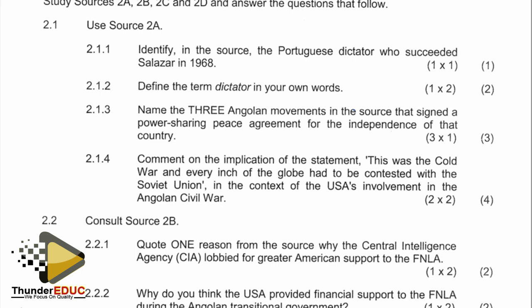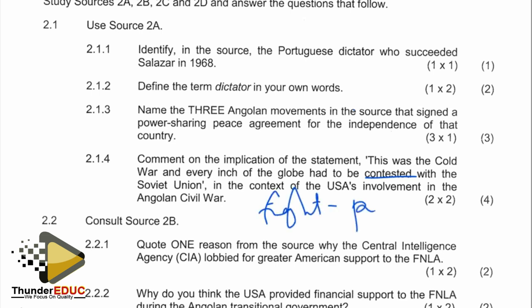It means the Soviet Union wanted to take full control of Angola, or had intentions of making Angola communist. That is one response. And you can also say, on the other side, the USA was willing to fight against the USSR through the liberation movements of Angola. Like what is said here, it had to be contested. They had to contest, which means the USA was willing to fight.